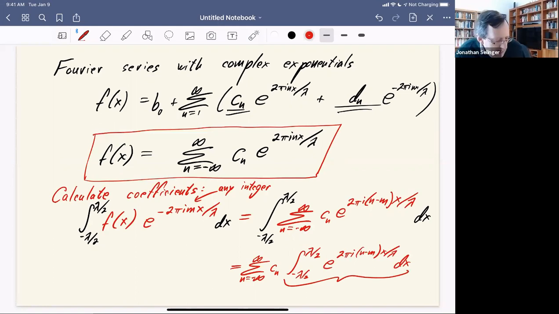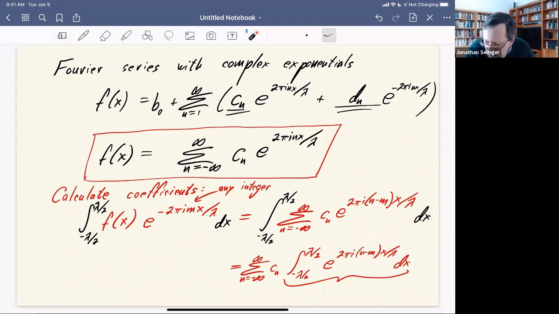What we get for this integral depends on whether n and m are the same integer or different integers. If they are different integers, then we have an oscillating function in here. Sometimes it's positive, sometimes it's negative. Sometimes it's positive imaginary, sometimes it's negative imaginary. It oscillates over a full cycle or multiple full cycles, and it integrates to 0.